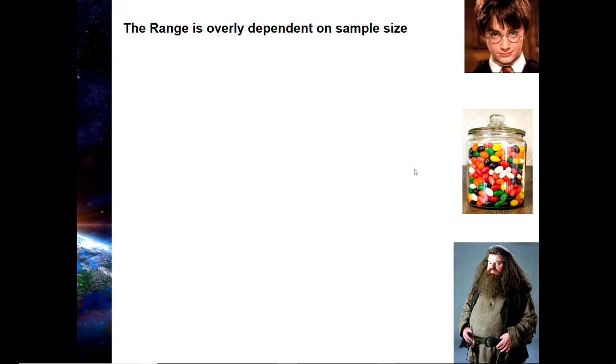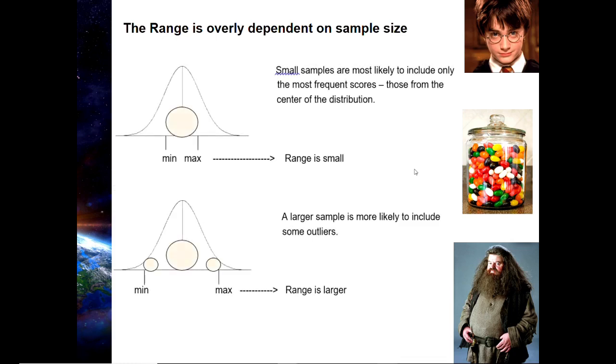Okay, so now let's relate this to sample size and the range. If we look over here, we have a distribution that is normally distributed. Here I show a perfect normal distribution. Our distribution won't be quite this perfect, but it resembles this shape. Now if we take a small sample from this distribution, what are we most likely to get?